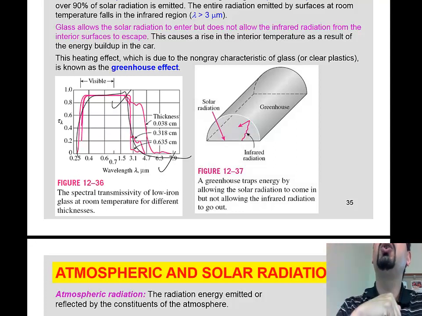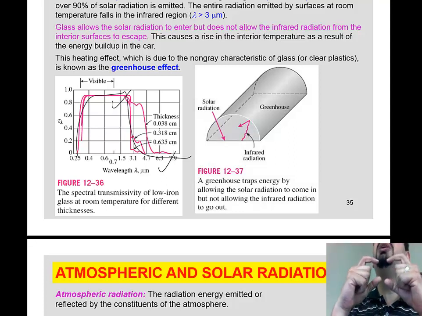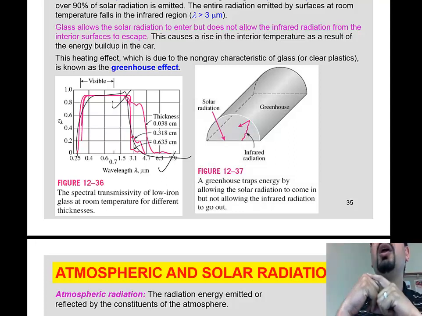They will let radiation go through, but they won't let it out, just like the glass in your car. Does the thickness of the glass change it? Well, of course, if it's really thin, there are not that many molecules that can block that radiation. So yes, it makes a big difference, right?